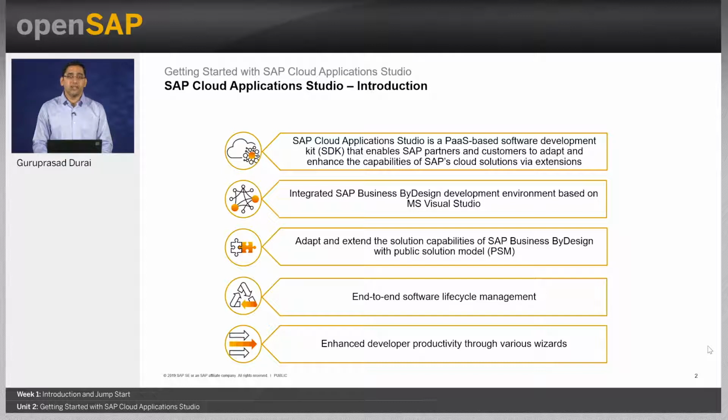To quote an example, let us assume a customer wants to enhance a sales order with a field called Express Delivery. Cloud Studio helps to enhance the standard business object offered by SAP Business by Design. More on the extension capabilities of SAP Business by Design using Cloud Studio will be covered in week 3.